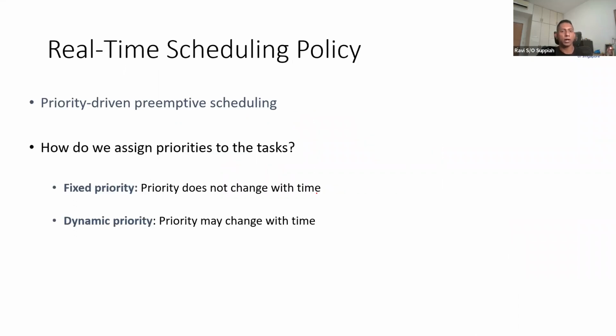Okay, so with this concept comes another important thing. How do I assign priorities? Since I know that a higher priority task is always going to take over, how do I assign priorities? With this, there are 2 possibilities. One is fixed priority and the other is dynamic priority.